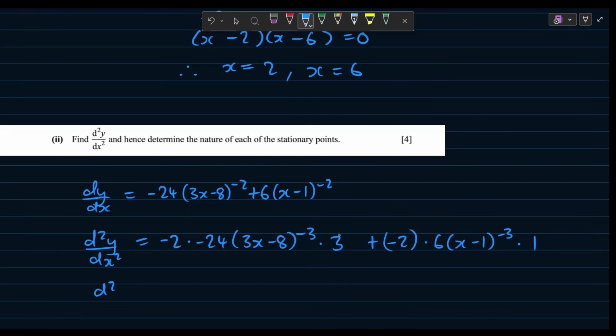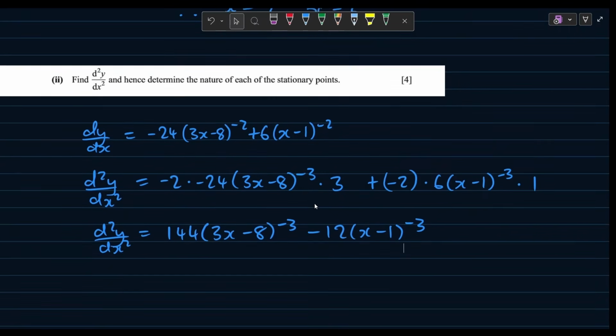And so that means our second derivative is equal to, so -2 times -24, that's 48. 48 times 3, that's 144. So I've got 144 times (3x - 8) to the -3. And then here I've got -2 times 6 times 1, so that's -12 (x - 1) to the -3. All right, that is our second derivative.